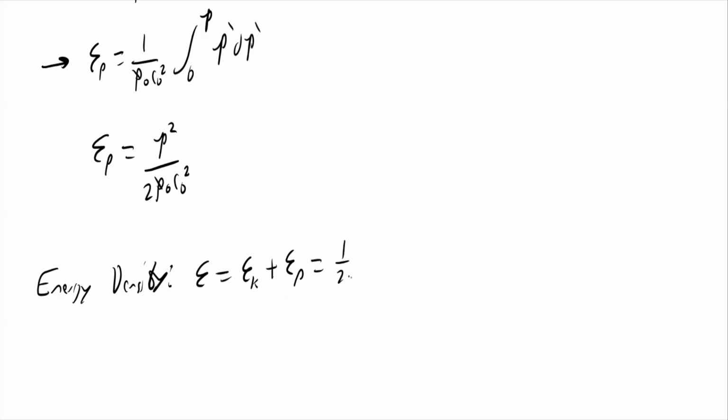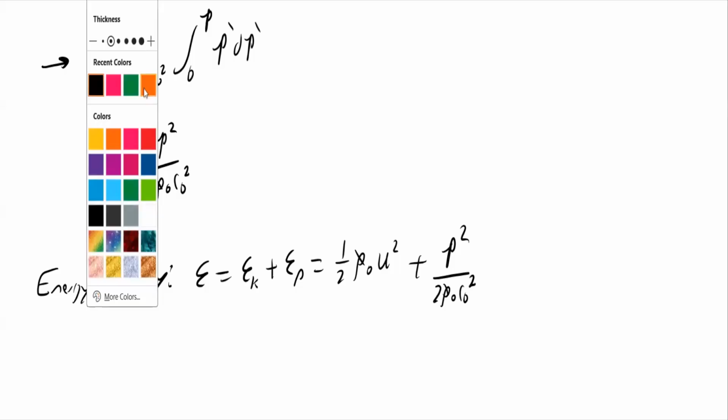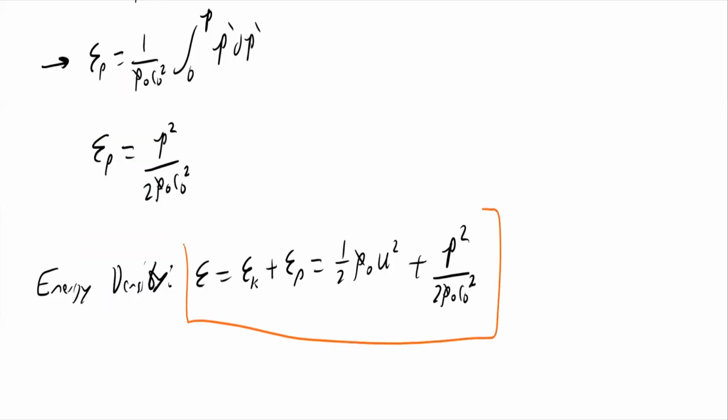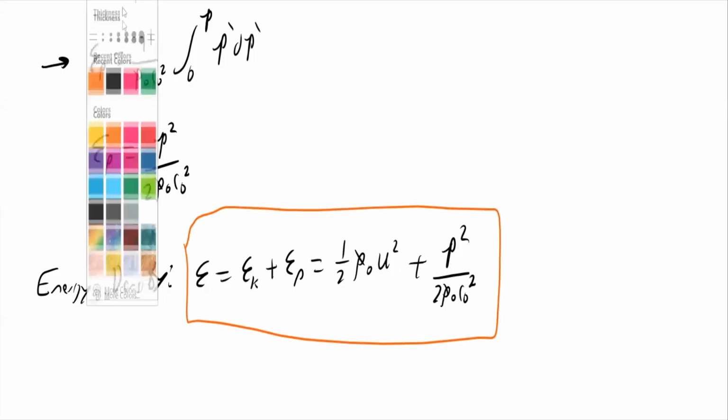So we have 1/2 rho naught u squared, that was the kinetic energy density, plus p squared over 2 rho naught c naught squared. So this is your energy density in the sound wave.